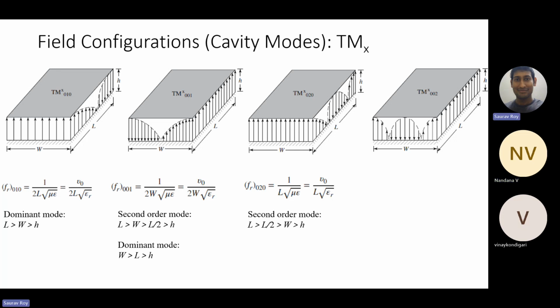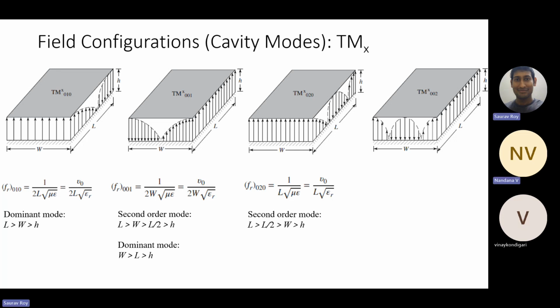But do you see this dominant mode? Here I have given a condition: L greater than W greater than H. Do you understand why this configuration? You tell me now. Because the variation is along the length only.